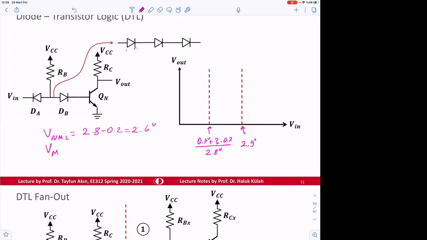Noise margin high is going to be equal to 5 minus 2.9, so it's going to be 2.1 volt. Okay, so we can play with the noise margins by adding some extra elements here.